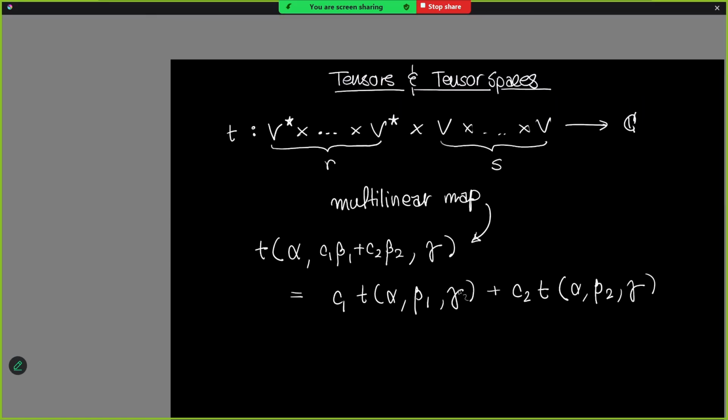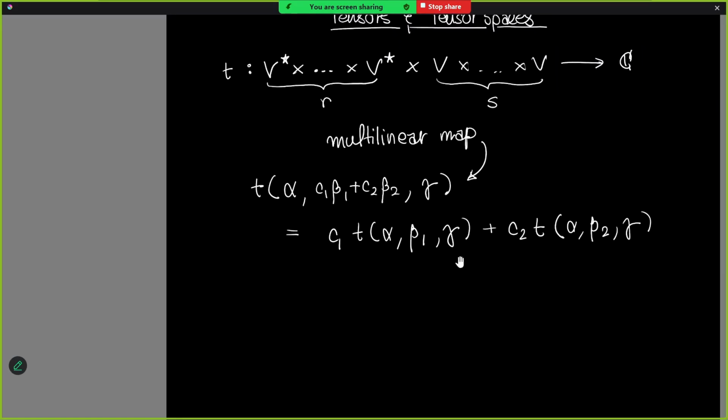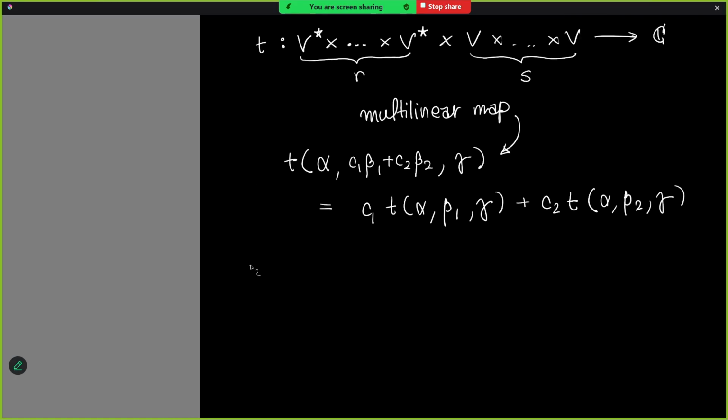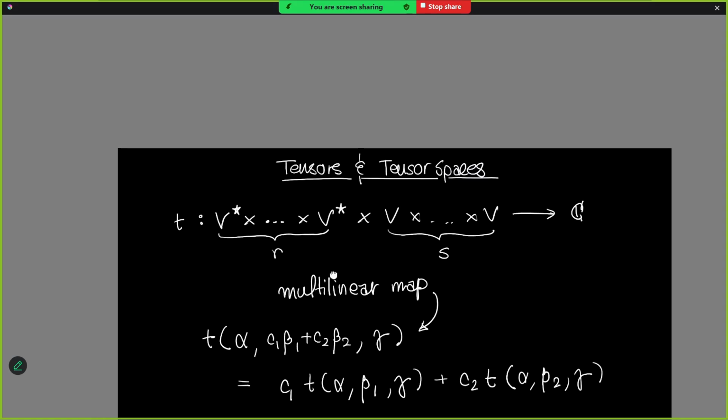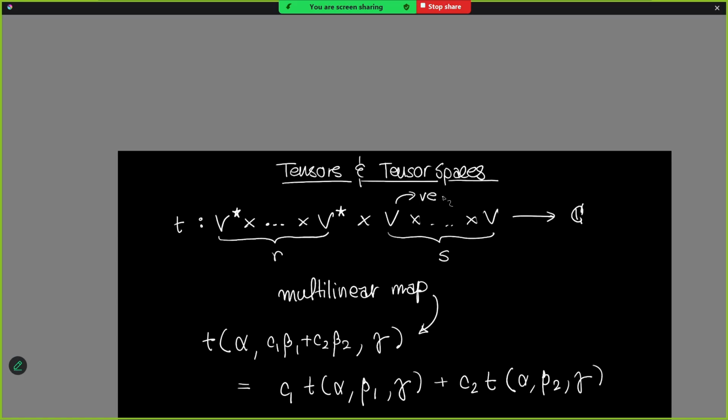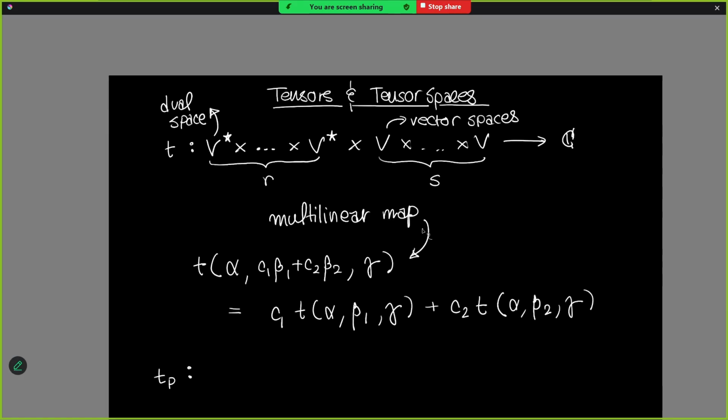And so in order to talk about this, we are interested in a very specific type of tensor. So that's where I'll bring back this notation T^R_S. We're going to think of these as vector spaces, and this is the dual to that specific vector space. So it's a multilinear map that specifically maps R covectors and S vectors.